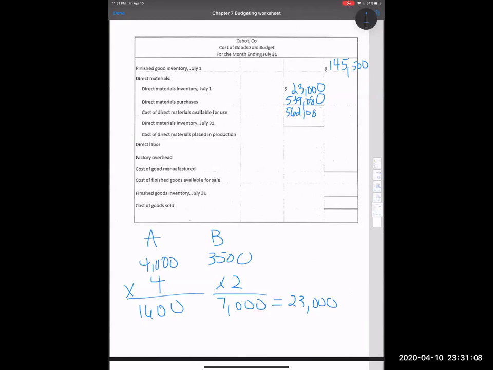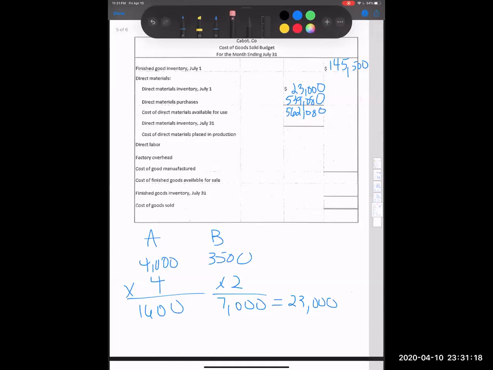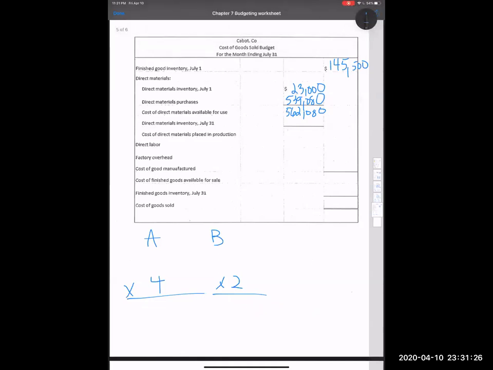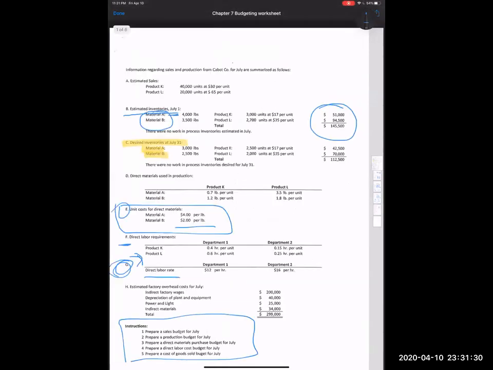We add this number together and come up with 562,080. All right, so then we're going to subtract out our direct materials inventory as of July 31st. And so what I'm going to do here for a second is erase this. Okay. And this. Okay. All right, so I'm going to go back to this page and we're looking for direct materials inventory as of July 31st. So July 31st, here it is.